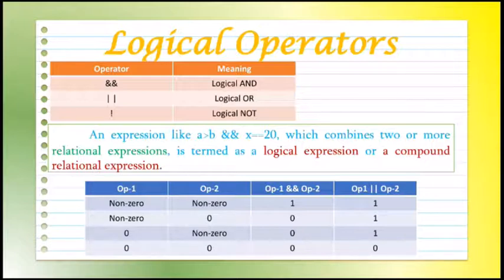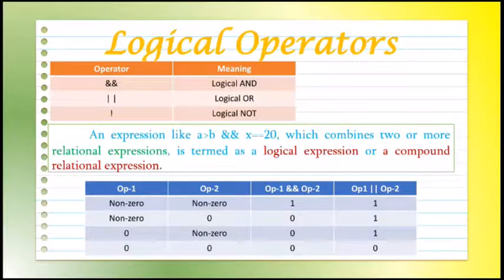Next, if the first operand's value is 0 and the second is non-zero, then logical AND will be 0 and logical OR will be 1.